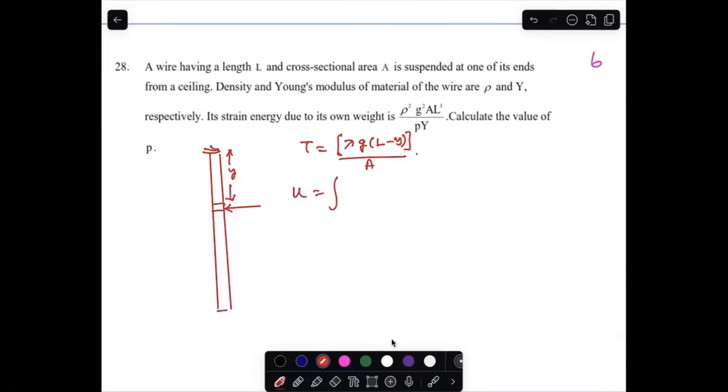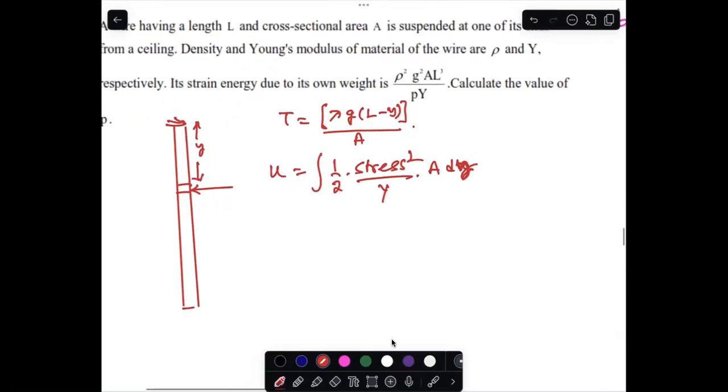Energy stored is half into stress into strain into volume, the other form being stress square by Young's modulus, into volume A dy. Otherwise, don't confuse between this way and that way. Capital Y is Young's modulus, small y is the distance.